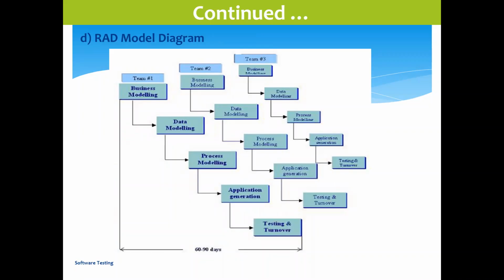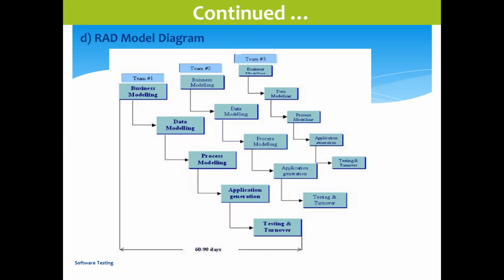Okay, so here you can see team 1, team 2, team 3. Three teams are divided for one project. And the same process will go. And here what is going on in the phases? Business modeling. First business requirement with modeling. Some names only they are changing. All the things are the same only. So here it is called business modeling. In other models we are telling it as business requirement gathering.